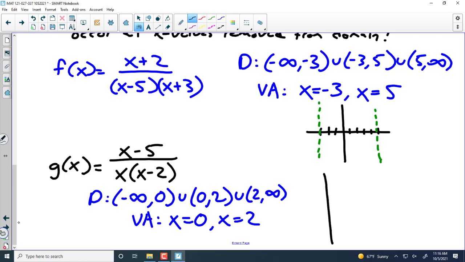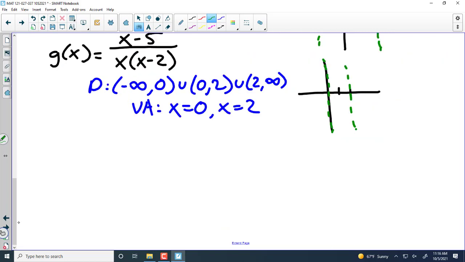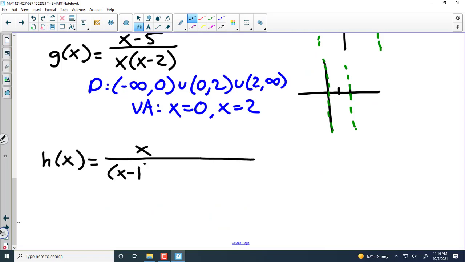If I was drawing this one, I put in my vertical asymptotes like that. Can you see why you could have infinitely many on this, or as many as you wanted? Because all I'd have to do, if I wanted more, is just go like this: x minus 1, x minus 2, x minus 3, x minus 4.